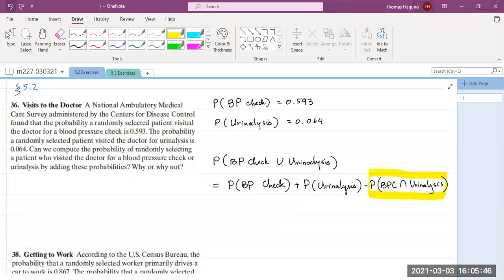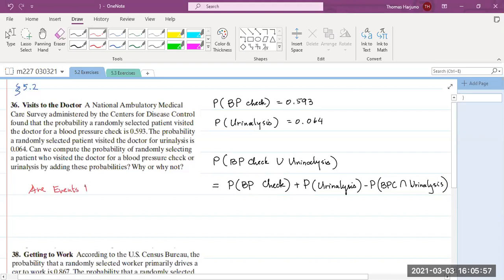In other words, this question boils down to, are events BP check and urinalysis disjoint?